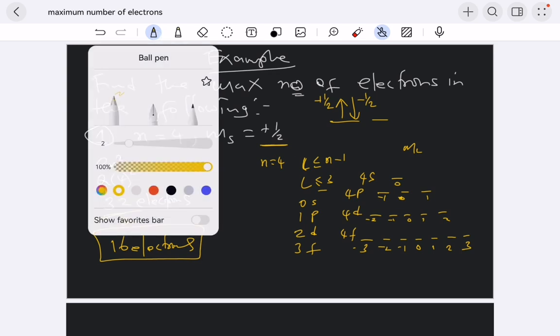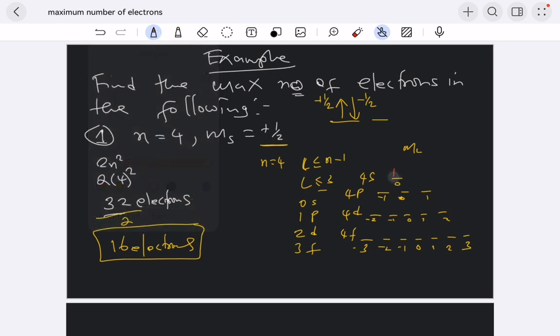So if I allocate the number of electrons in all these, a pair is up spin, down spin, up spin, down spin.